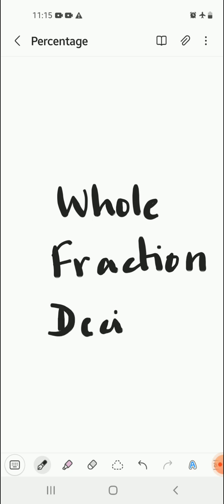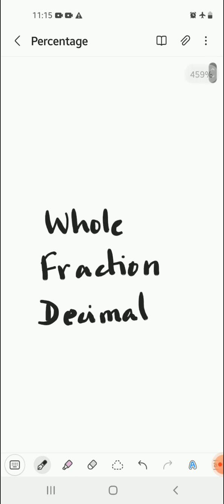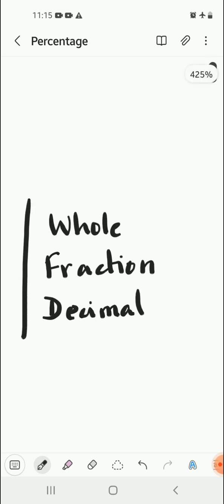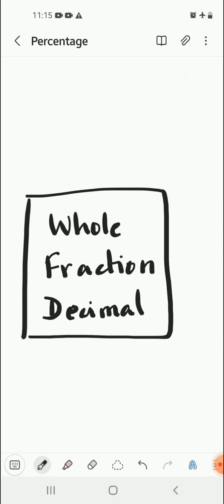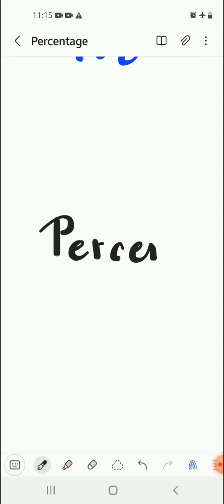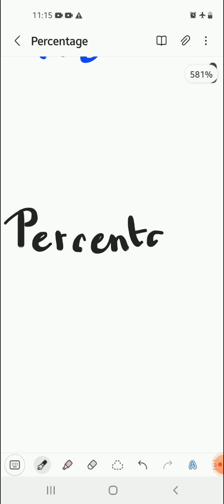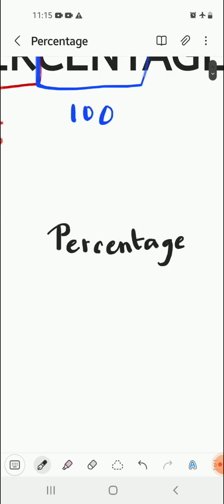So these are the common three types of formats in which we can get a number. Most of the time we have to convert this into its equivalent percentage, and we have to follow a simple method for doing that. So we write percentage on the other side.